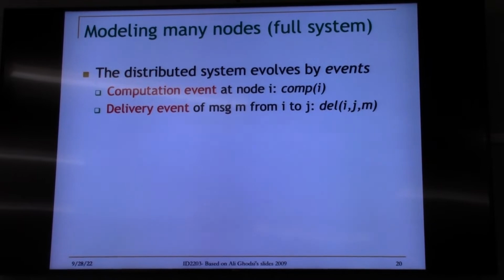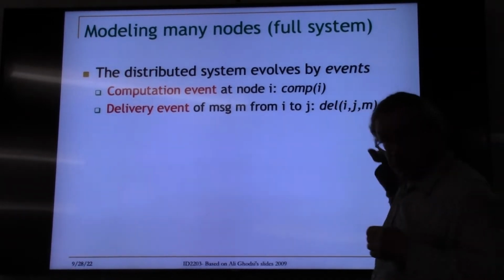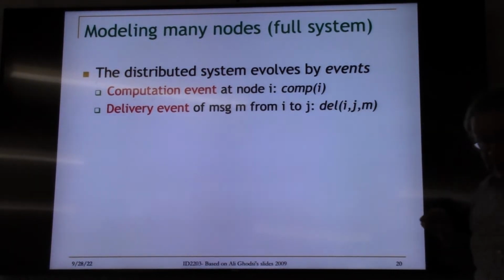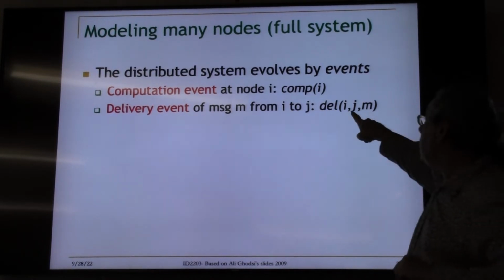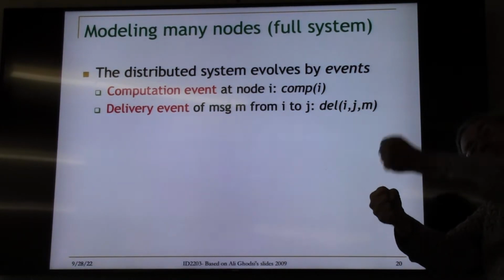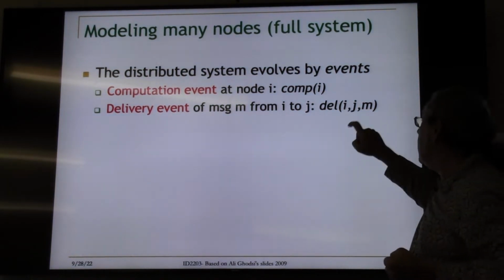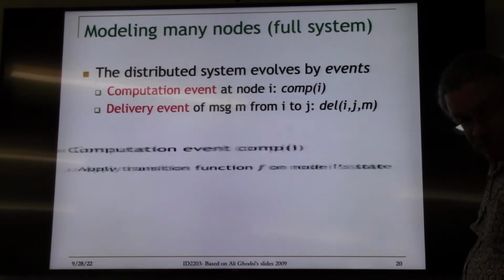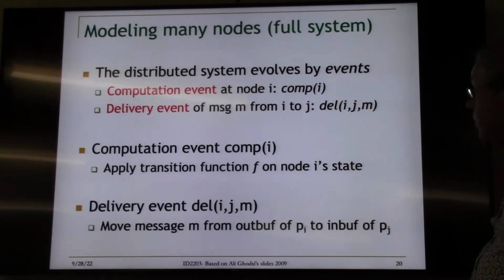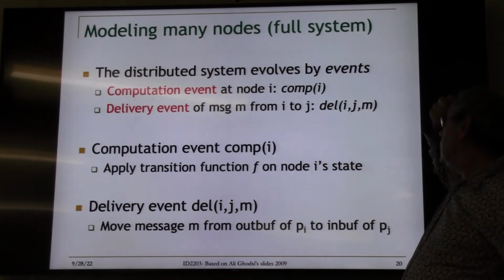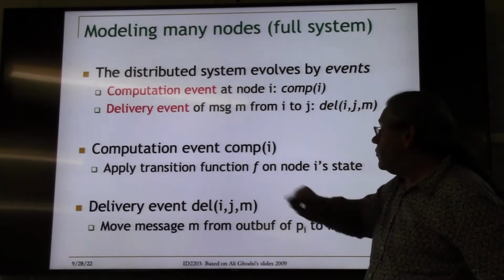So for the whole system, we have two kinds of things, and these are called events. We have a local thing that's just in one node, called computation event. And we have a thing between two nodes. This is the magic transportation of the message from node I to J, and this is called a delivery event. So a computation event, comp I, is node I, we apply the transition function.